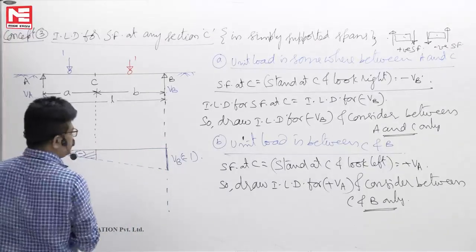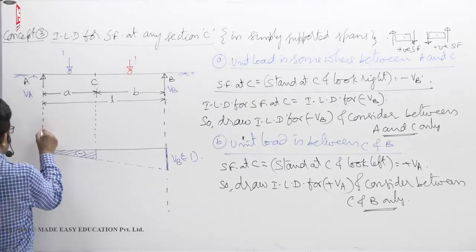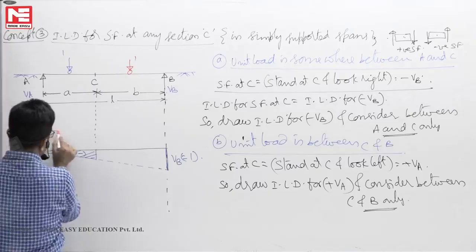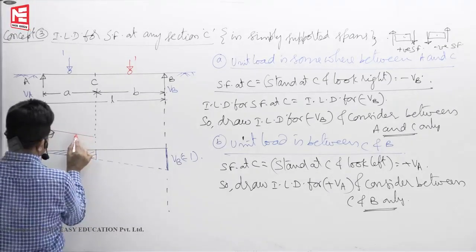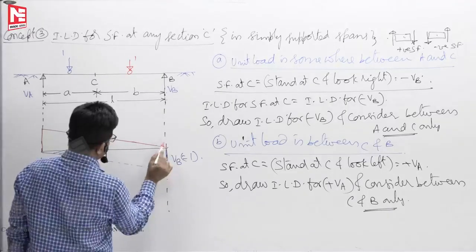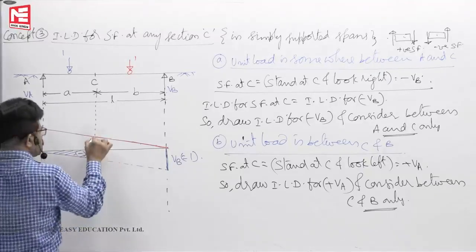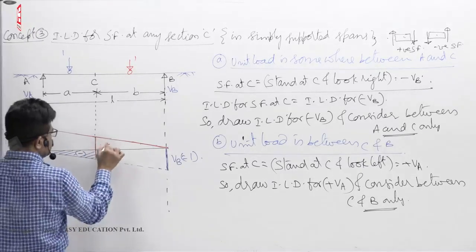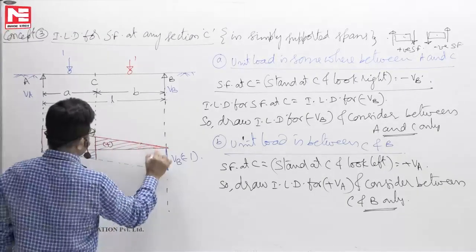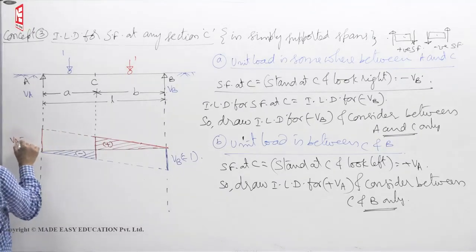Now you see, plus VA means remove the support, lift it by 1. So you lift it by 1 like this. Now somewhere here it will go. Out of this, up to here only it is valid. This is plus. This is again construction line. So ILD for VA, this is 1.